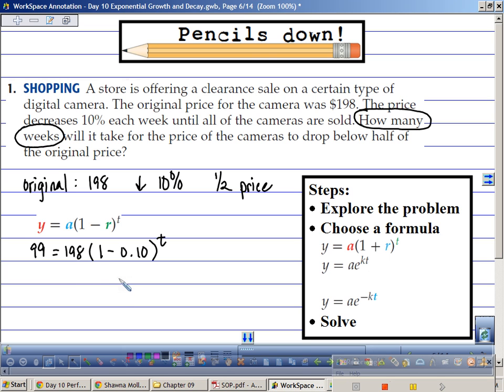So let's back up on this. You've got $198, right? And you've got a rate that it's going to be decreasing, right? Decreasing by 10% for so many weeks, and the end result is half the price. Does that make sense why it's 99 now? Yeah? Okay. All right, so how could we solve this?